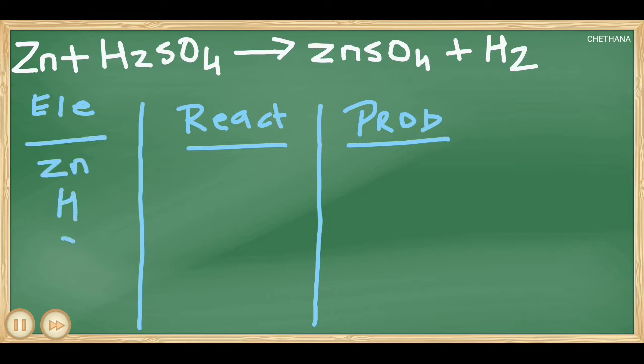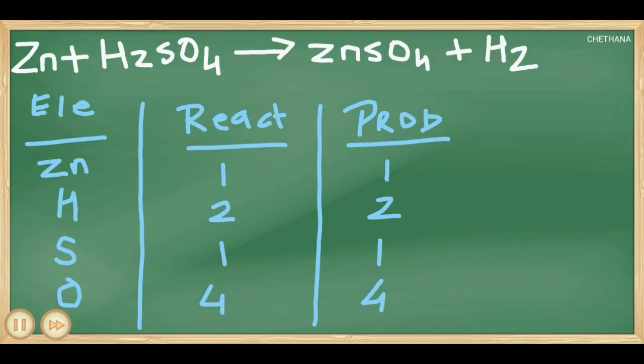Now we make a note of the total number of atoms of all the elements on the reactant side and the product side, and hence we get this table. Now from this table we can notice that the number of atoms of each element on the reactant side and the product side are equal. So we can say that our reaction is balanced.